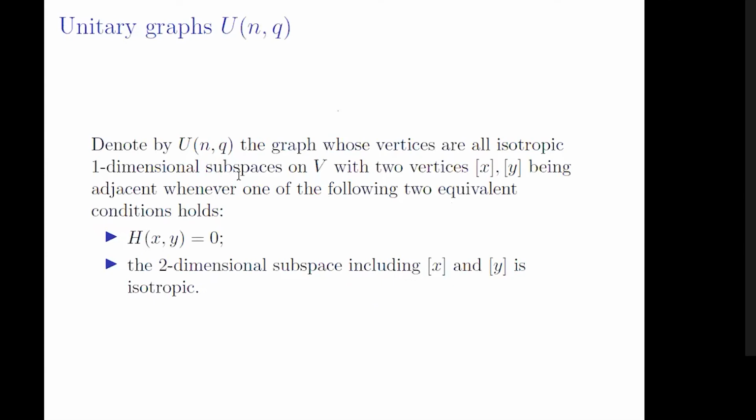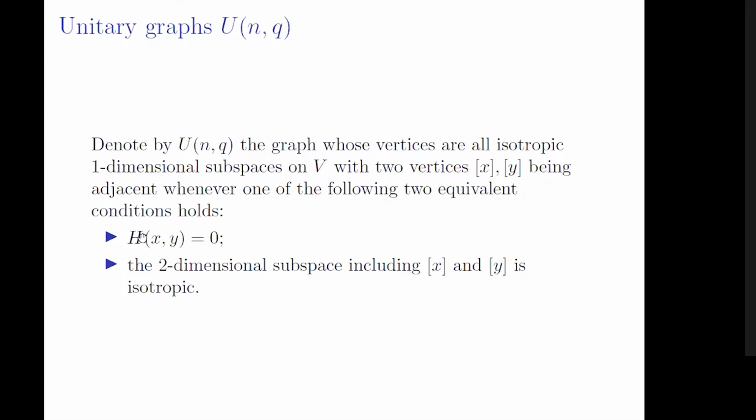Denote by U_n(q) the graph whose vertices are all isotropic one-dimensional subspaces of V, with two vertices given by the one-dimensional subspaces for vectors x and y adjacent whenever one of the following two equivalent conditions holds.